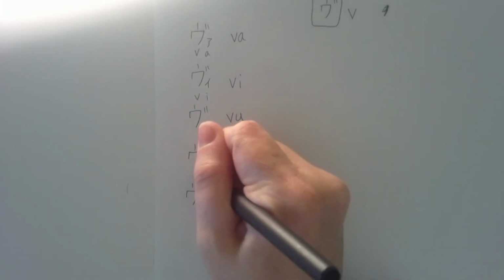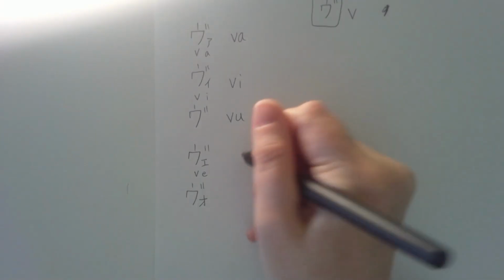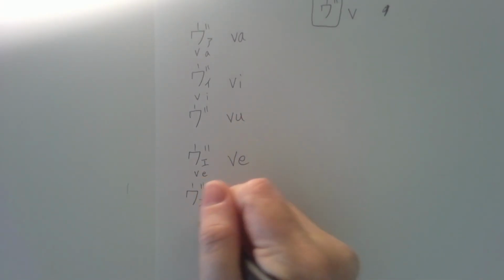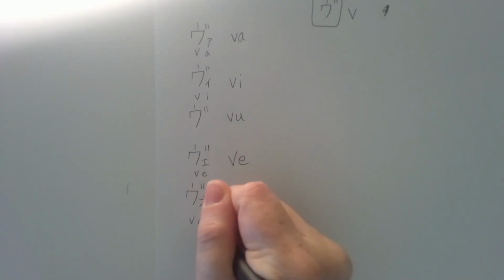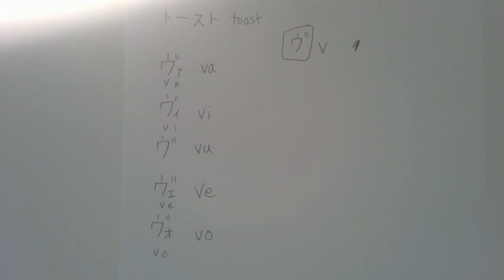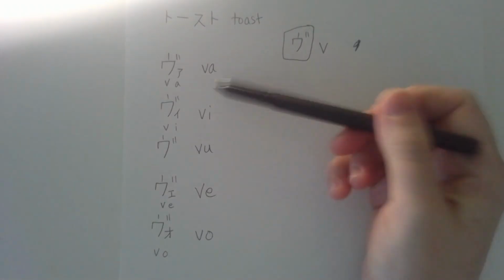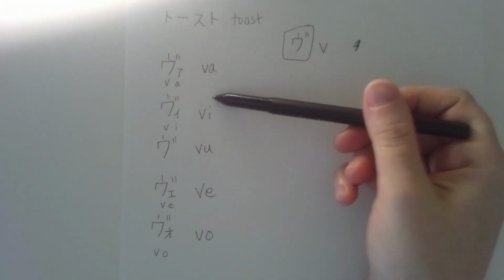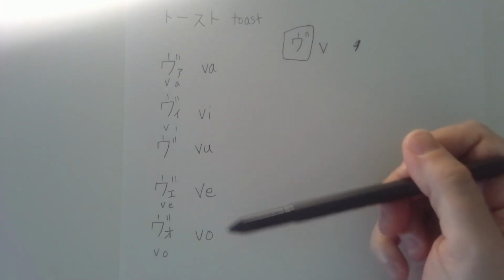We have v and e, so that makes ve. And v, o, vo. So that is how we make our v combination sounds in Japanese: va, vi, vu, ve, vo.